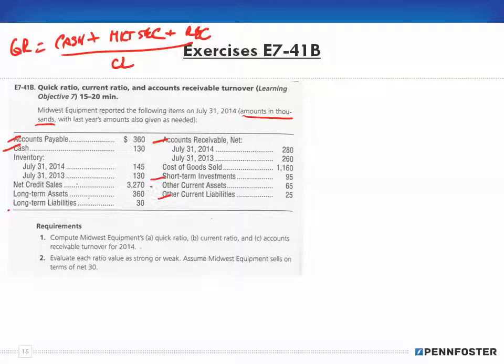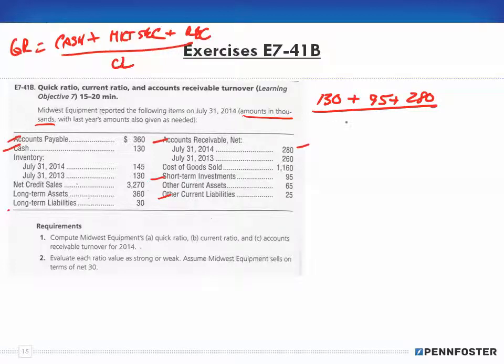So when we're looking at cash here, we have 130,000, and then our short-term investments, or our marketable securities, which are 95, and then we also have to add in our receivables. So our accounts receivable for 2014 is 280, and that's all over our current liabilities. But what are our current liabilities?